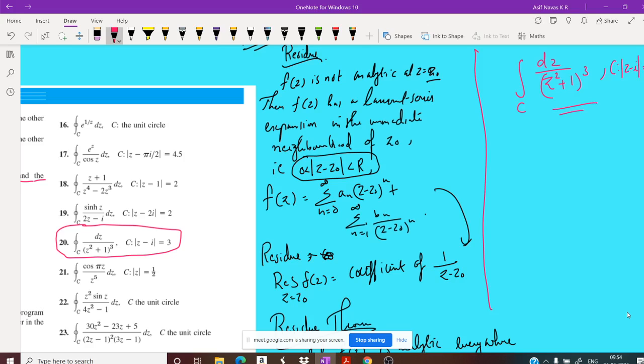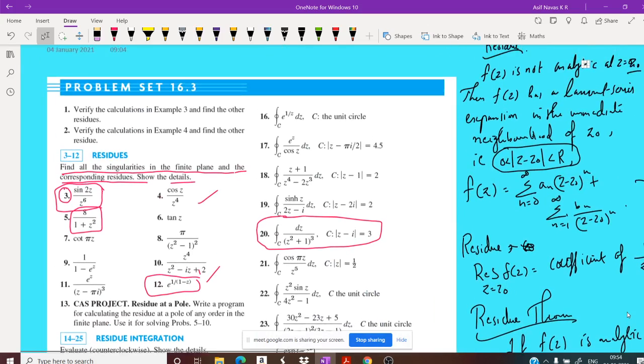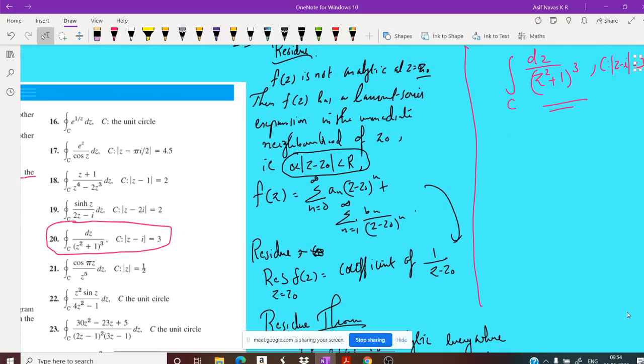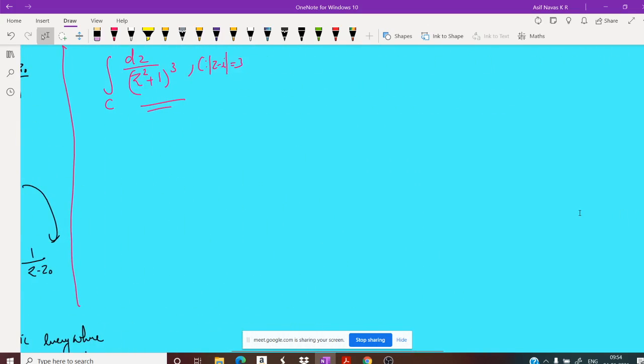Okay. So let me do this problem. Okay, so how to do this problem?